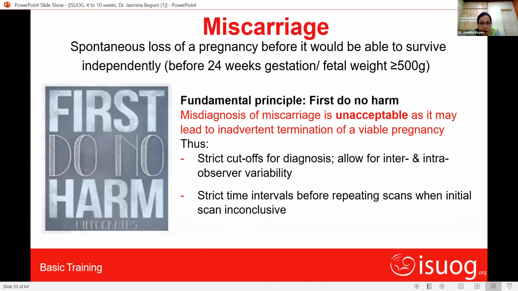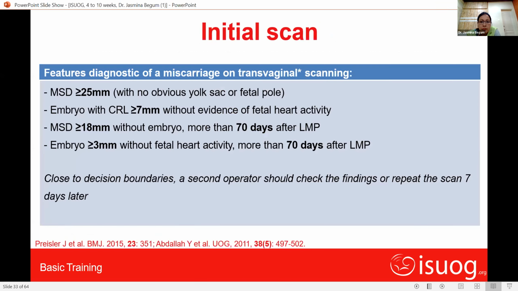If in the first scan you are confused or not sure, then when to plan the follow-up scan, and how to diagnose miscarriage in the follow-up scan, is important. By doing that, you are very sure of your diagnosis and you are not doing any harm to the patient by misdiagnosis of miscarriage.